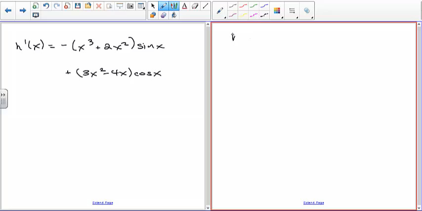So the next one is just an example of using the quotient rule, plus a few other little things. So, we can't divide. There's two terms in the denominator, so it's not like we could divide earlier and simplify this. So this is pretty much the form you're going to get.